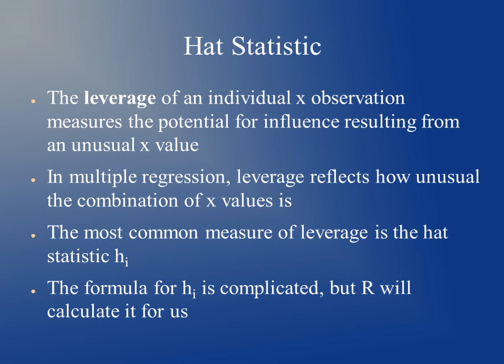So the leverage of an individual observation measures the potential for influence resulting from an unusual X value. In multiple regression, leverage reflects how unusual the combination of X values is. So this might actually be a data point that falls right on the distribution line that we'd expect, but it's a lot more extreme than all the other data points we've collected.